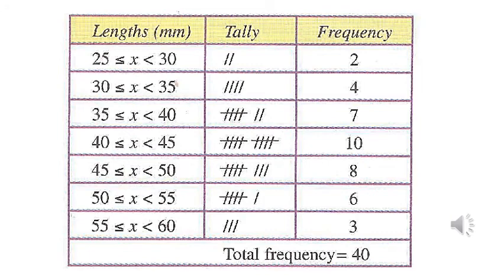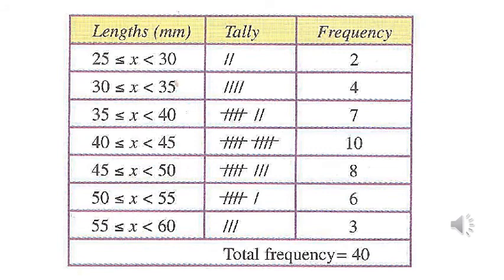In the first row we have to take the leaves whose length is 25 or greater than 25 and whose length is less than 30, not 30. If the length is 30, then that will go in the next class. So in this class there are 2 leaves.